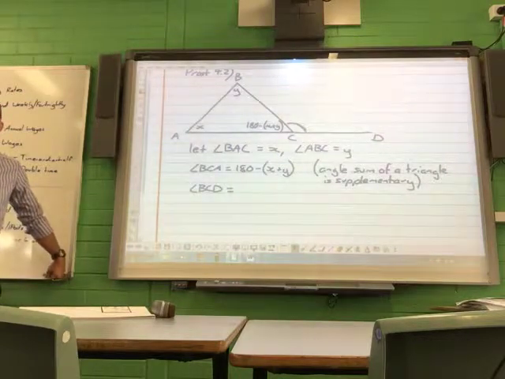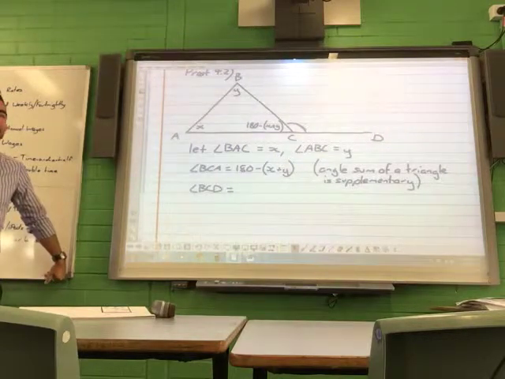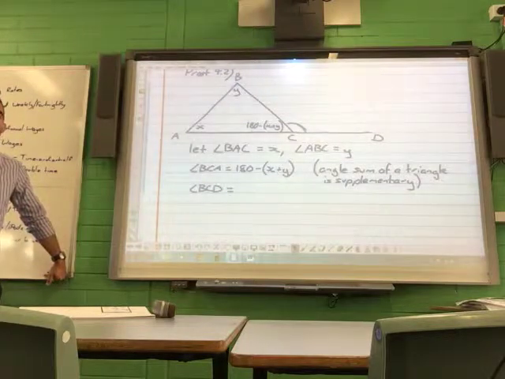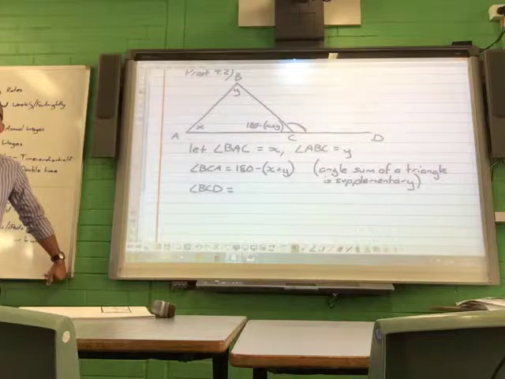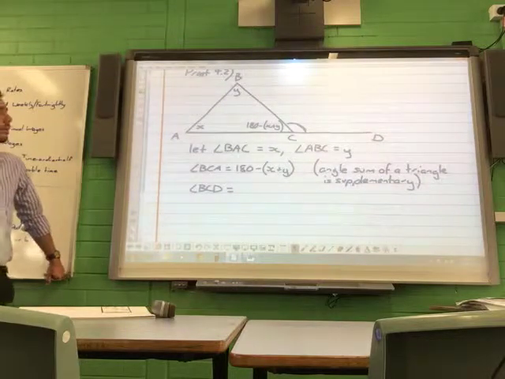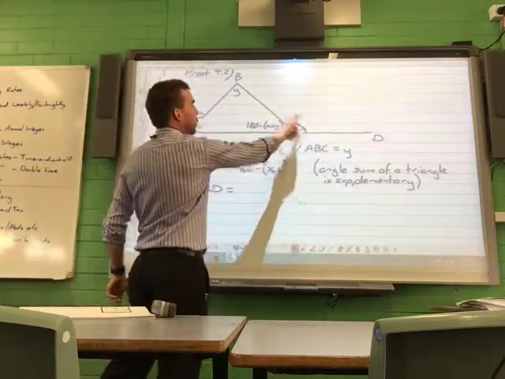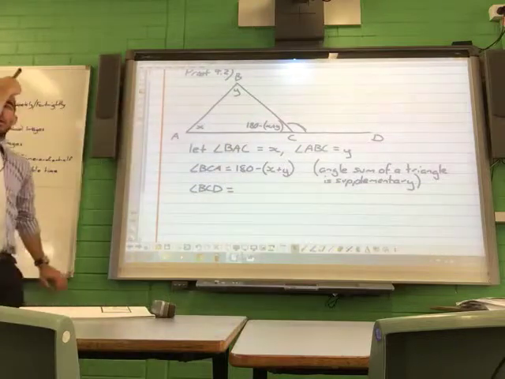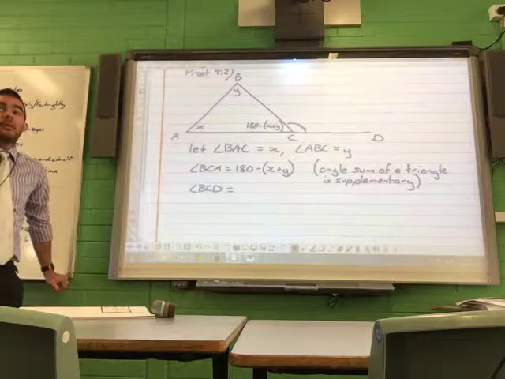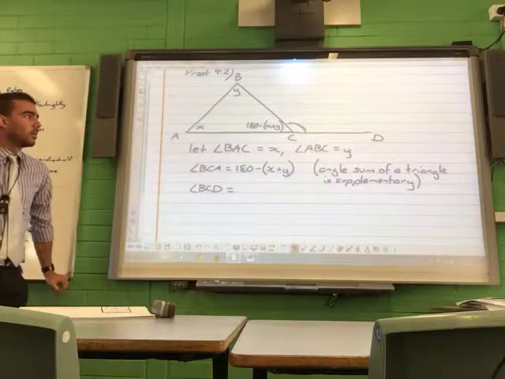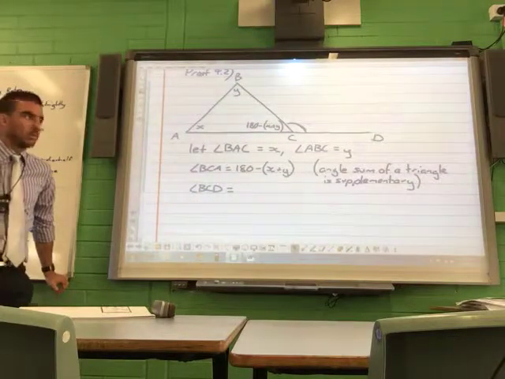What's the expression, not the answer? So I need the size of this angle, so what's an expression I can write down here? So I can write down and give the size of angle BCD. No, that's the whole ACD, x plus y.